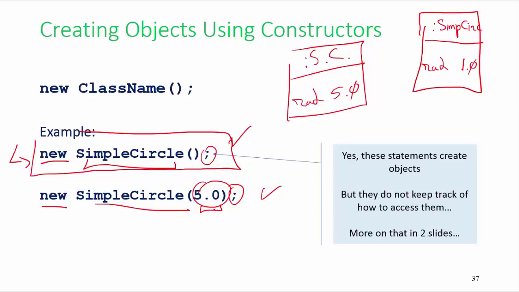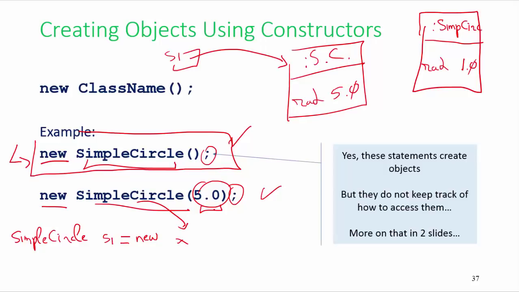So if we wanted to handle it properly, we would do something like SimpleCircle, let's call it s1. So that's a variable, equal, and then I would say new, and then I would repeat this here, okay? So now we create an s1 variable first, then that would create an object, then that would put the reference of the newly created object in that variable.